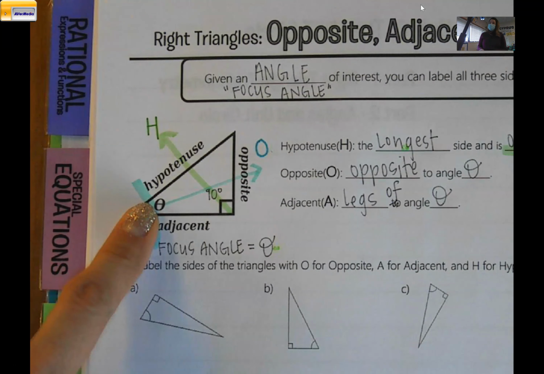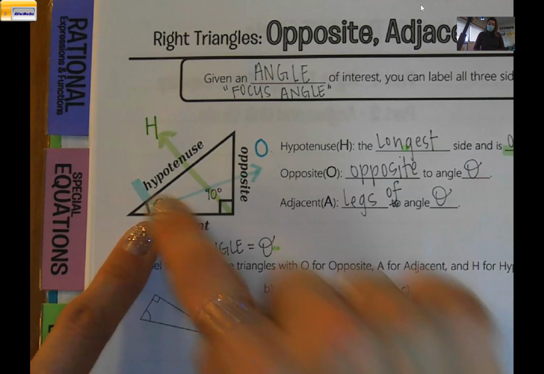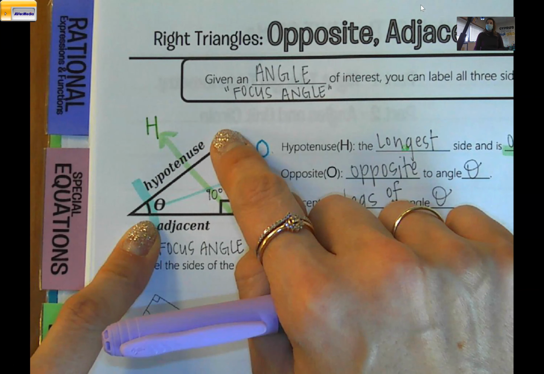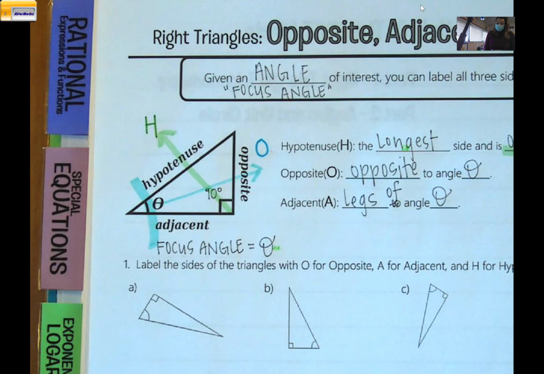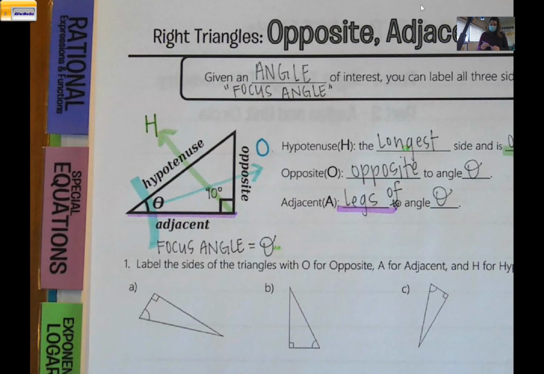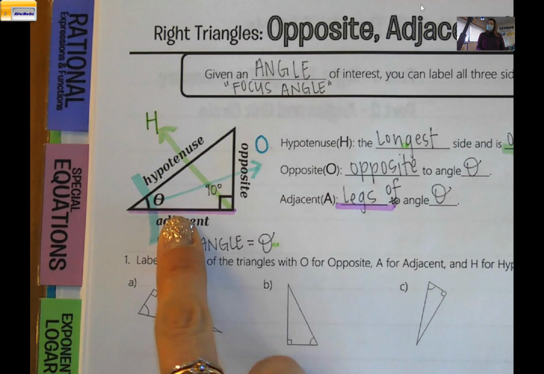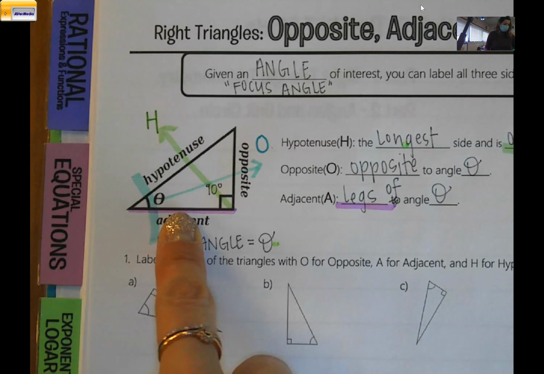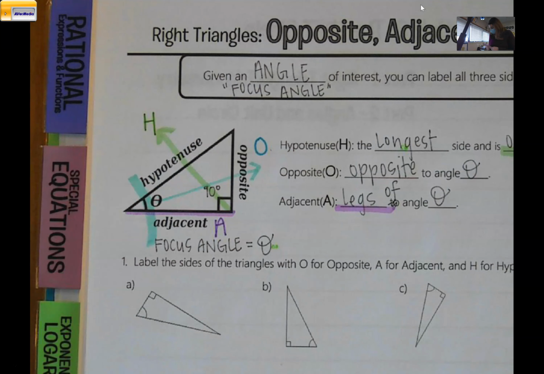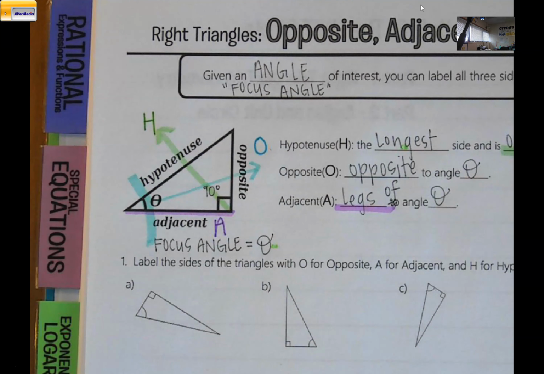Angle theta has two legs. One of the legs is the hypotenuse, and that's the easiest side to find. The other leg is your adjacent side. So this guy is capital A. I find him last because I think he's the hardest one to find.